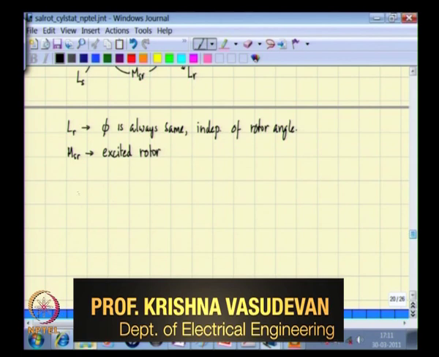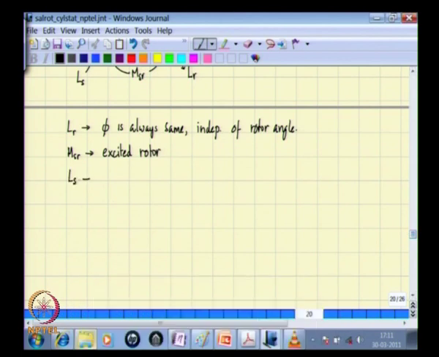But now, in order to determine the self inductance of the stator, what we need to do is to find out the flux linkage of the stator for unit excitation on the stator. Now, if we excite the stator, then depending on where the rotor is, you may have less flux or more flux.